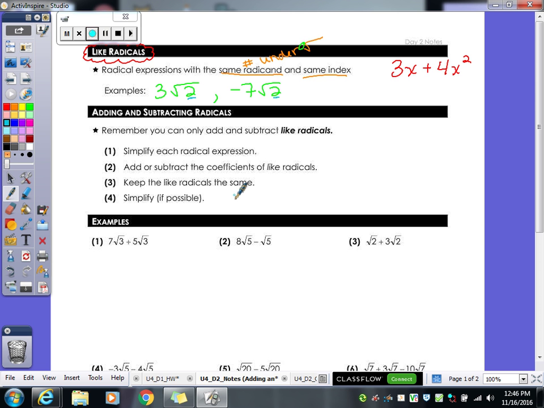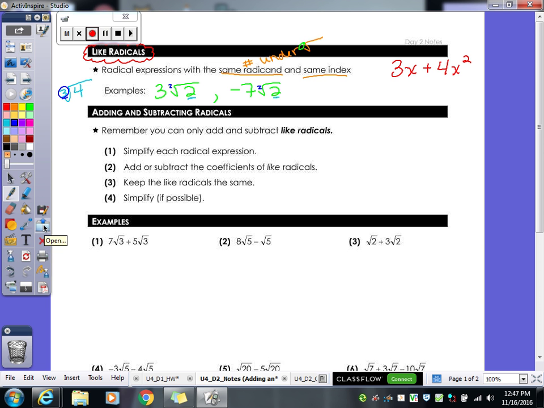As opposed to a cube root sign, which would look like this. Like if I had cube root of 4. There's a little invisible 2 that tells you it's a square root. They don't always write the 2 because the square root sign is so common. They always make sure to write it for the other ones, like our little cube root here. We got our little 3 as our index out there. So those little numbers out in front, if they're there, those need to be the same.